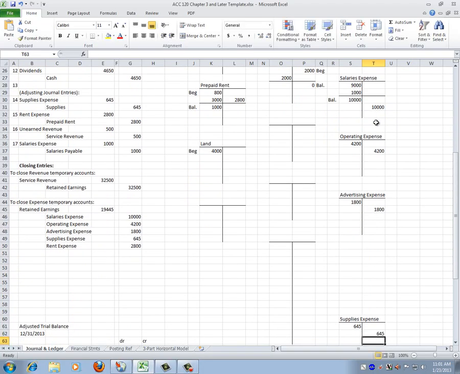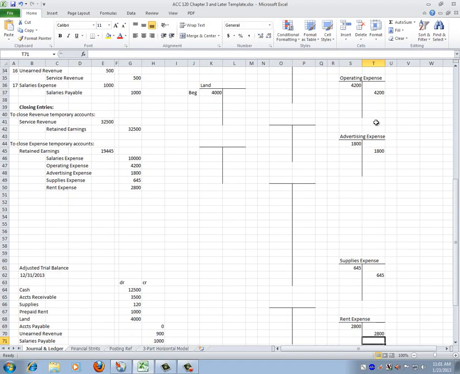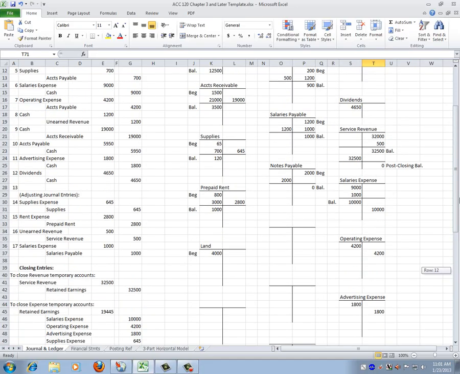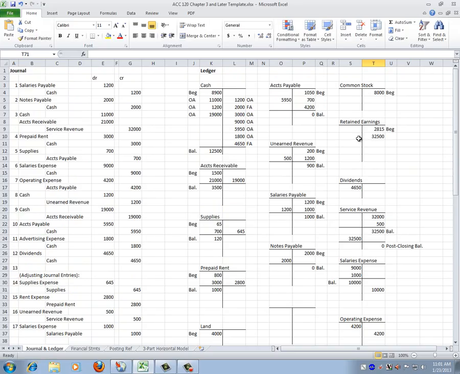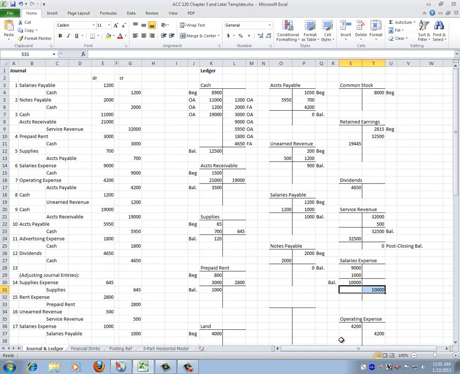Wow. And that debit to retained earnings, $19,445. Of course, you'll find that did bring those expense accounts to a post-closing balance of zero.